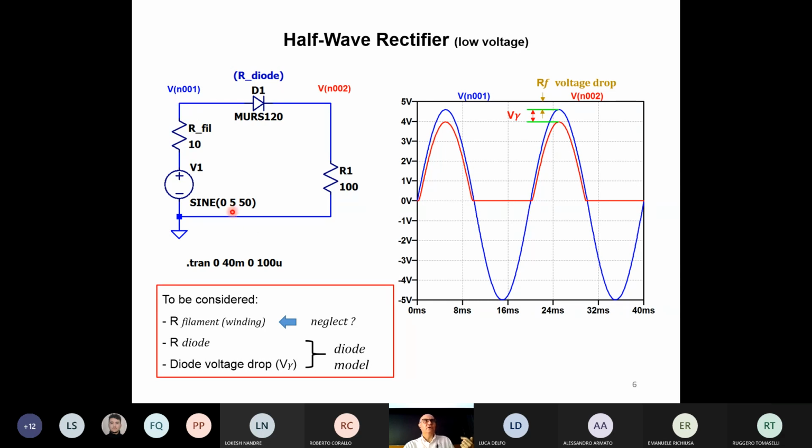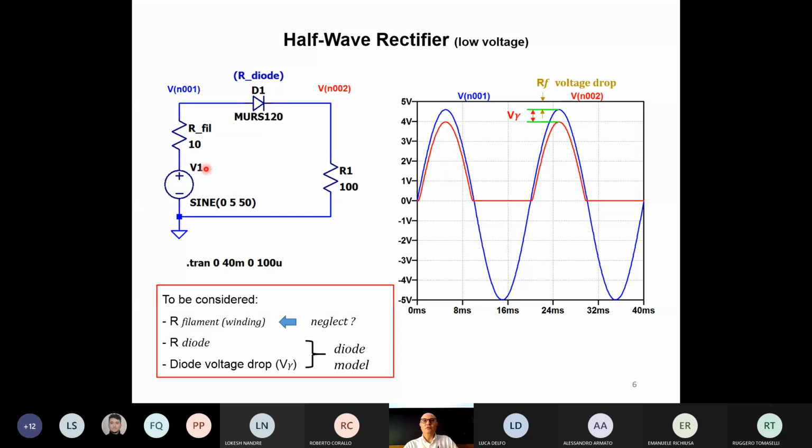Before it was 20 volts, now it's 5, so it's easier to see the effect of this reduced voltage. Just look first at the blue line. The blue line has a negative peak voltage of -5, but has a positive peak voltage below 5. Why? Simply because we are measuring the voltage after the winding resistance.